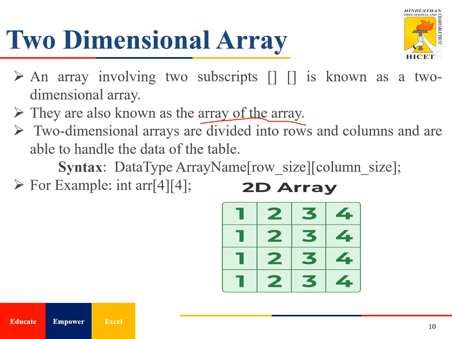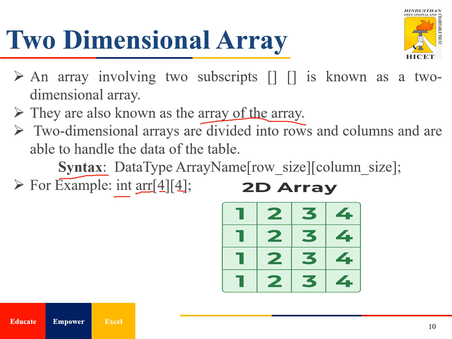Here is the syntax for a two-dimensional array: data type, array name. In one bracket you need to mention the row size, and in another bracket you need to mention the column size. The semicolon is important. For example, int ARR, where ARR is my array name and int is my data type. I'm declaring my array in the integer data type, with row size 4 and column size 4.